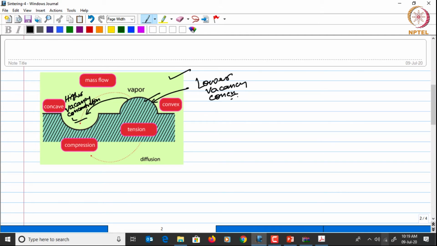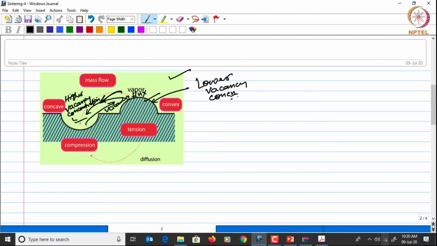As a result, the vacancy flux will be from the concave to the convex region, and the atoms will flow in the opposite direction. So this will be the mass flow direction, which helps the densification process during sintering.